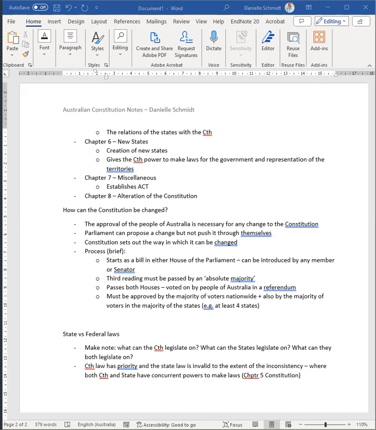Then obviously we do have the most recent, which is the Voice to Parliament and the Uluru Statement. So the Uluru Statement from the Heart, drafted and endorsed at the National First Nations Constitutional Convention in 2017, called for the establishment of a First Nations voice to be enshrined in the Constitution.